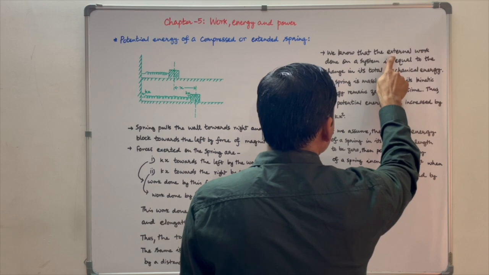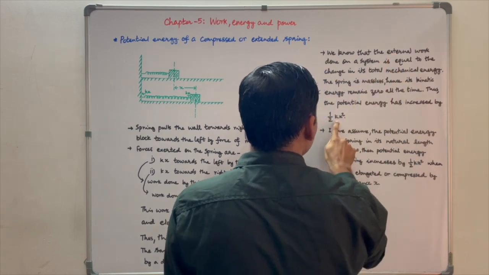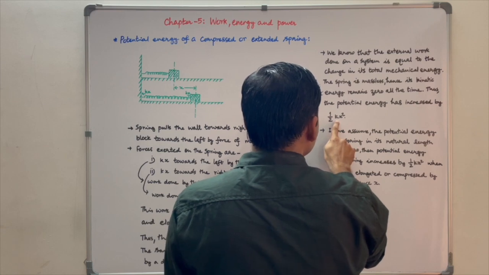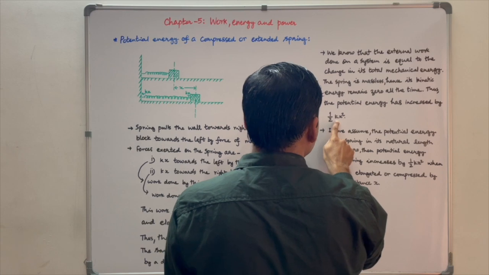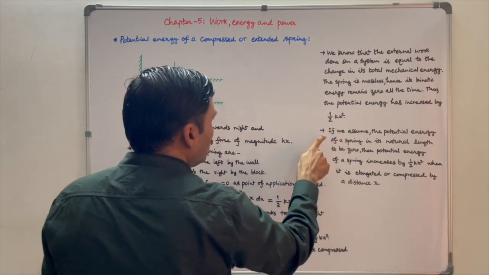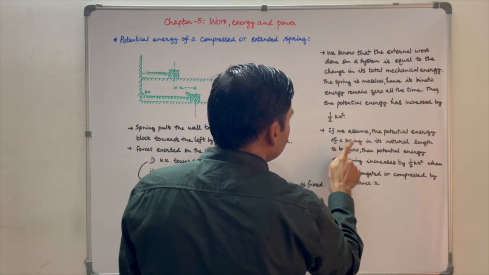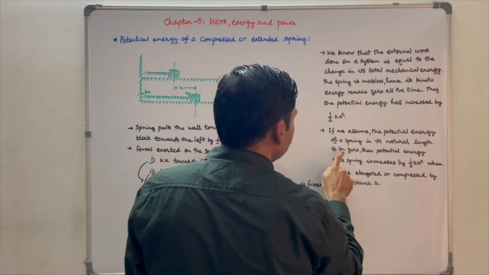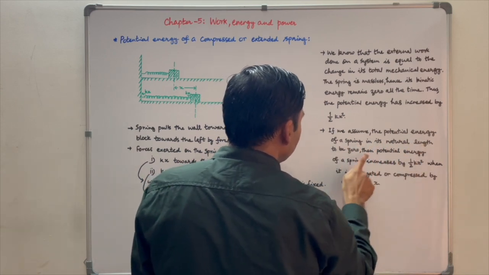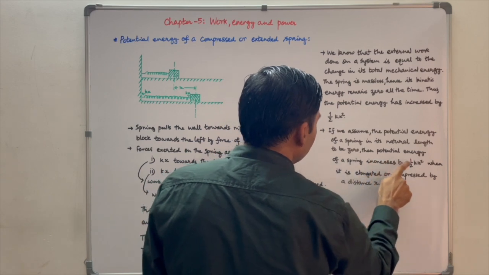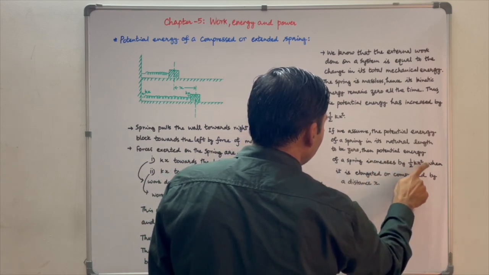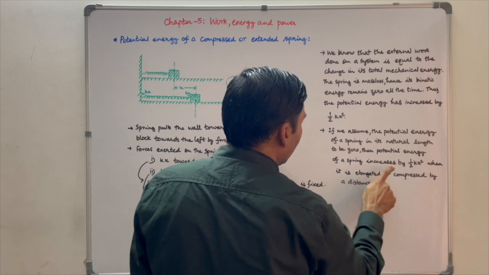So total external work done on the spring will be equal to its change in potential energy. So potential energy of the spring will increase by 1 by 2 kx square. Now suppose the potential energy of a spring in its natural length is 0. So potential energy of the spring will increase by 1 by 2 kx square when it is elongated or compressed by a distance x.